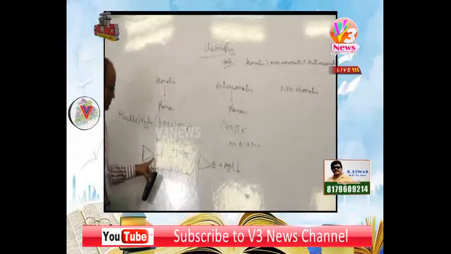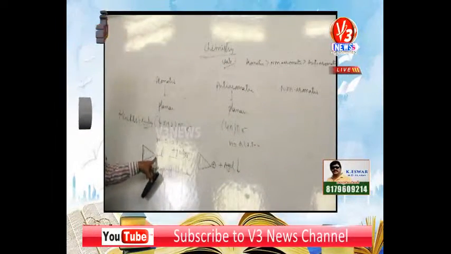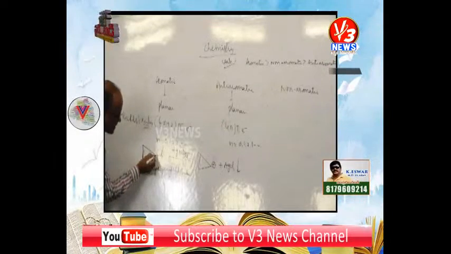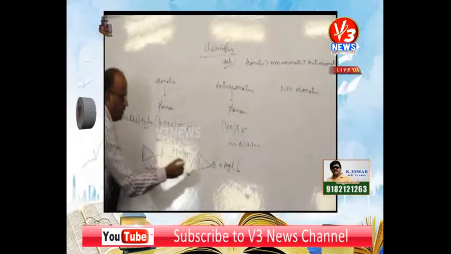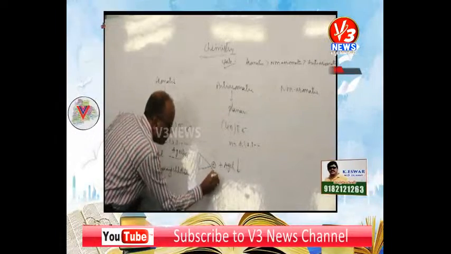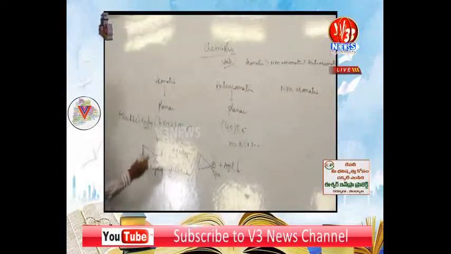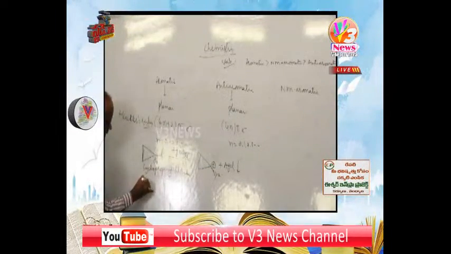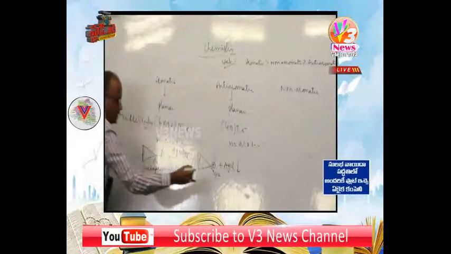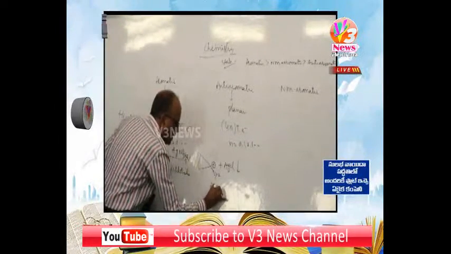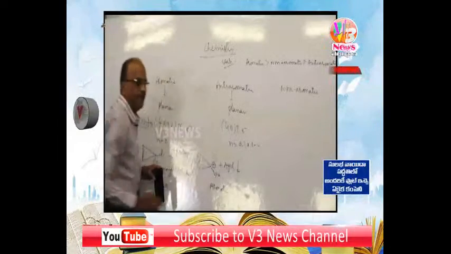Now here, this is sp3 hybridized carbon. If you take this carbon, this is sp3. Whereas when it comes to this one, sp2, this compound is a non-aromatic compound. Whereas this ion is aromatic.